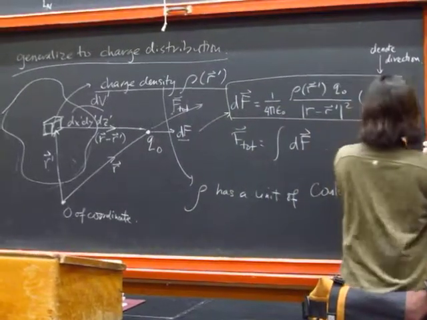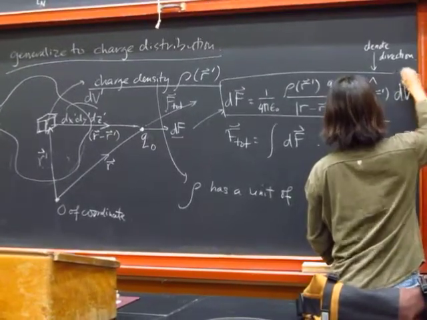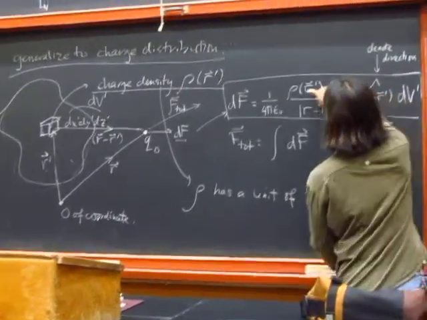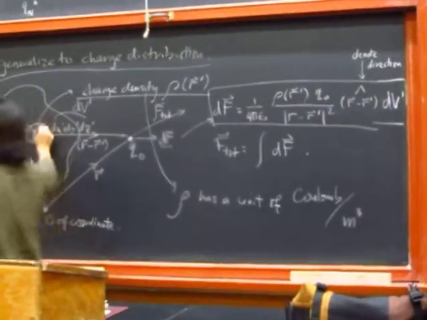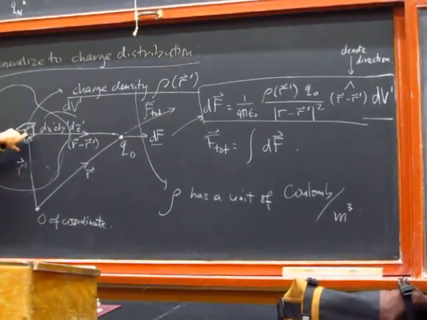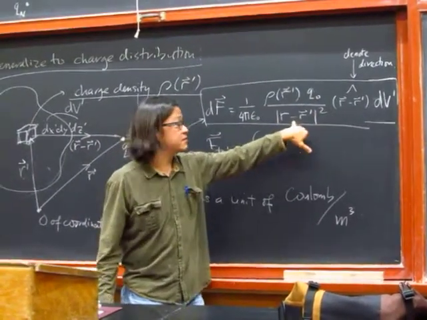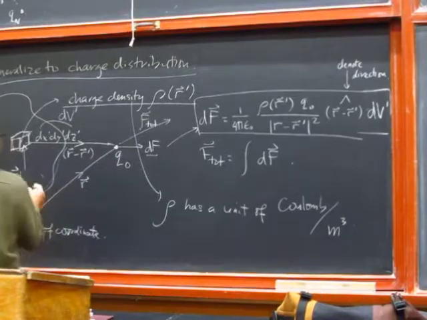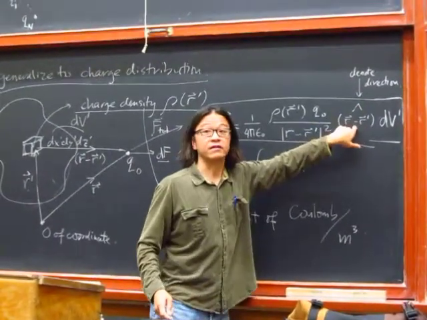It's just the density times dV prime. The charge density times dV prime is just the total charge inside this differential volume, okay? Times Q0 divided by the distance squared, right? In the direction of that vector, right?